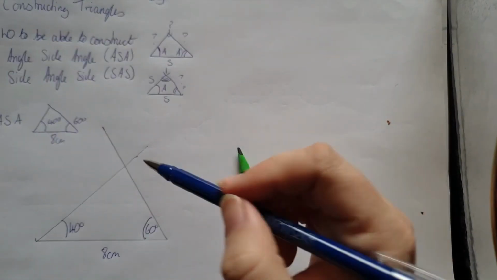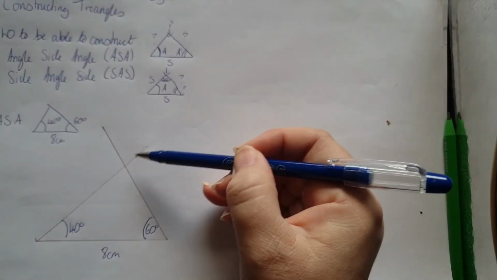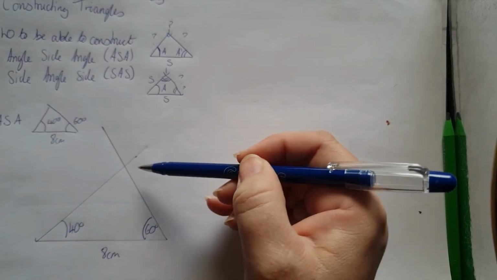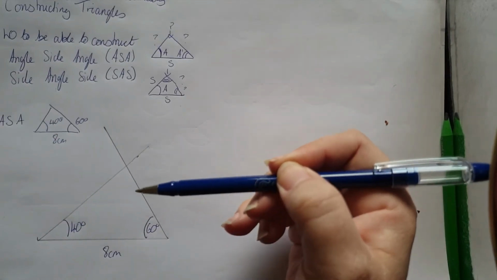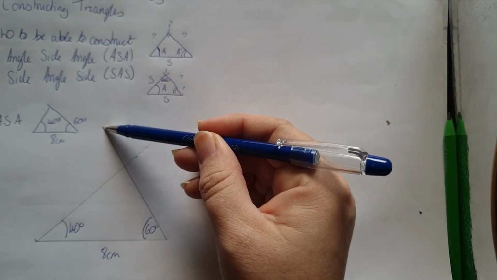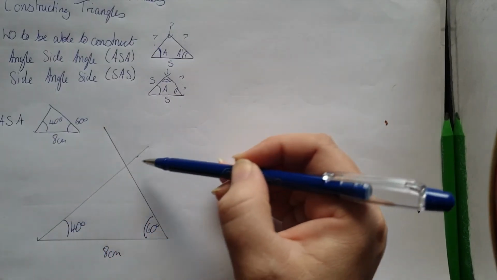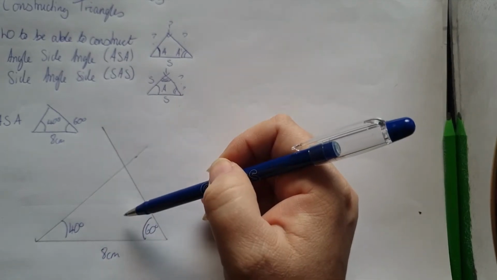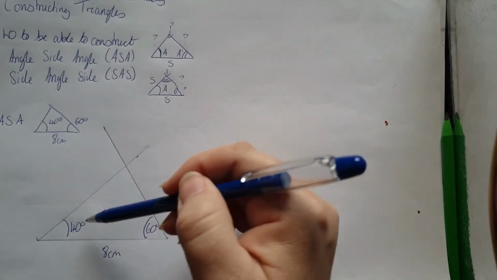Now, in mathematics, these two parts here we leave on. These are our construction lines, and an examiner is looking for the little pencil markings to show where you've measured it to, and they expect these to overlap.